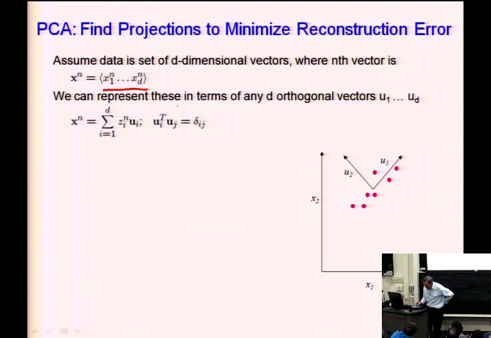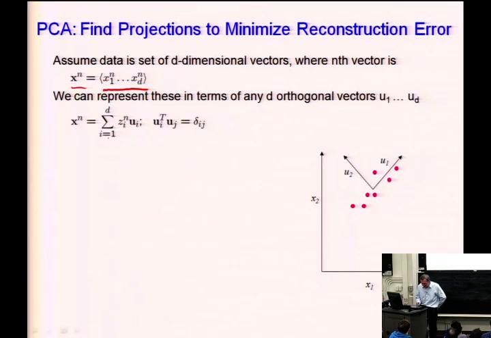So we can represent any of these vectors starting out in one coordinate frame, like the x1, x2 frame. We can represent it instead in terms of the coordinate frame represented by u1 and u2, for example, here on this plot. And that just means the vector x, any one of those points, is a vector from the origin up to the point.